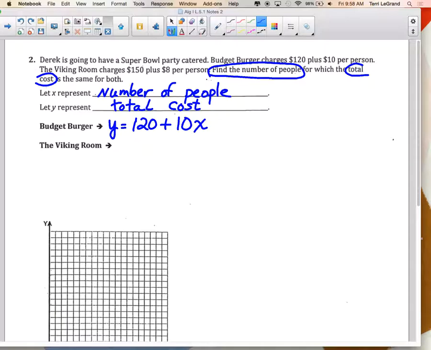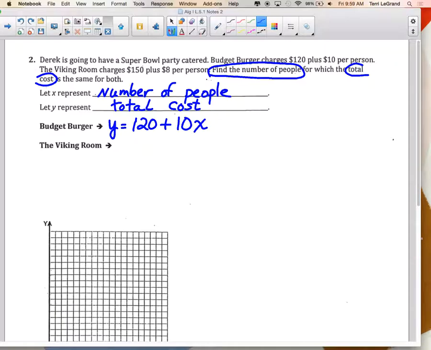The total cost can be arrived at by taking the $120, that's only a one-time charge, just for hiring them, plus 10 times x, the number of people multiplied times the dollar amount for each person. That gives you the total dollars you're going to spend for how many people you invite. So dollars plus dollars equals dollars. That seems reasonable, doesn't it?